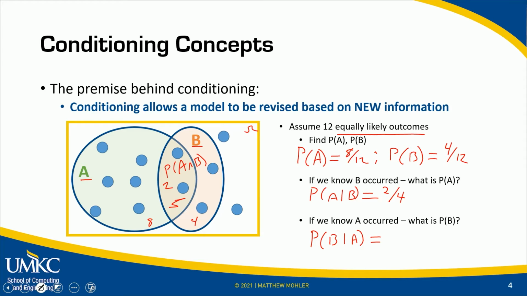So we can say that the probability of B, given that A has already occurred, is just 2 out of 8. Now, something to look at here that's kind of important is we're really looking at the ratio of the intersection here, this A intersect B, over the total number of events in the event that already occurred. And we're going to look at that here in just a little bit as our definition of conditioning.